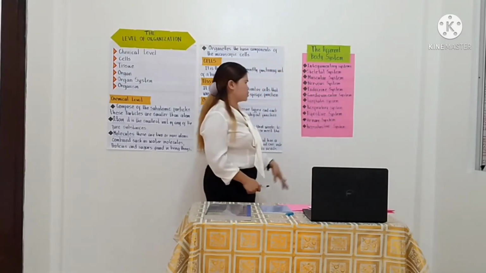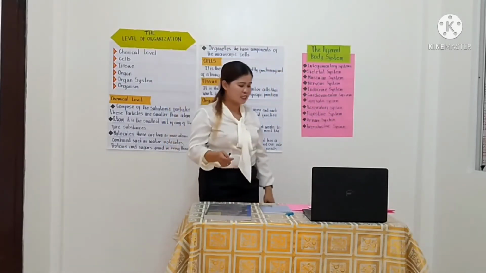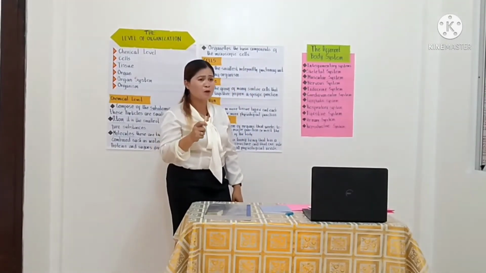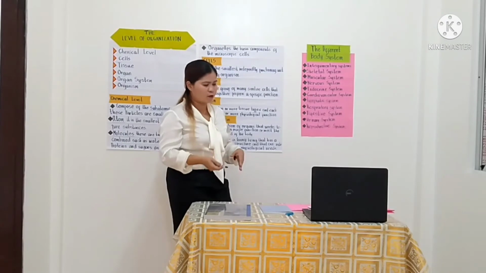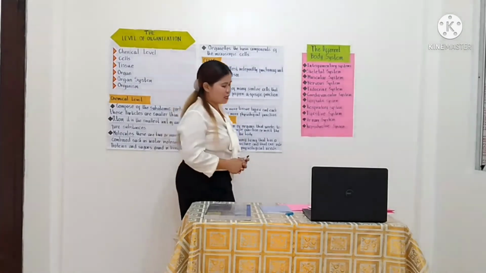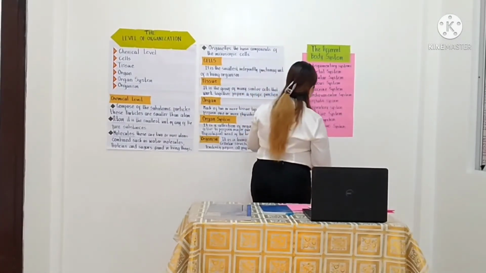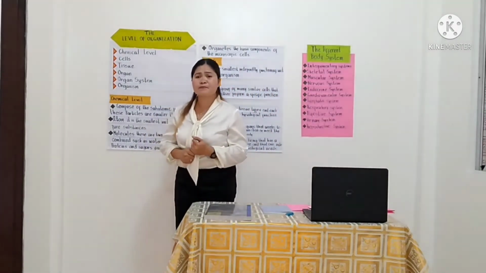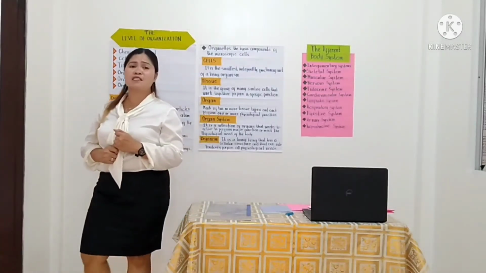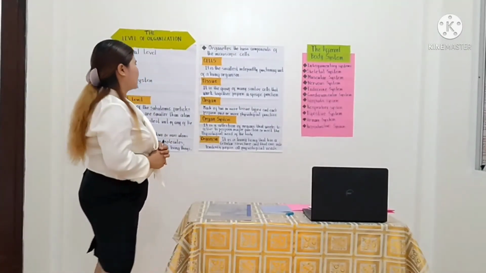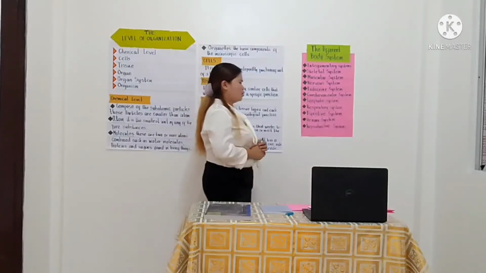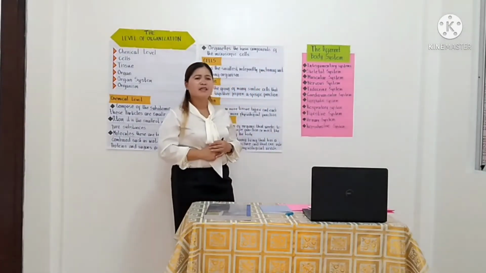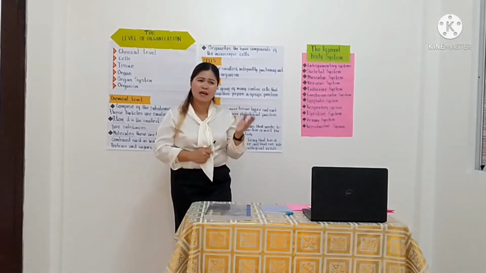What about the digestive system? The digestive system is the one that will break down the food in our stomach and absorb the nutrients that entered our body, for the distribution of nutrients to the cells. That is the digestive system. What about the urinary system? Okay, the urinary system, what is that?